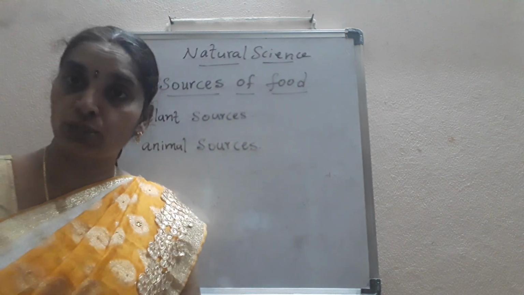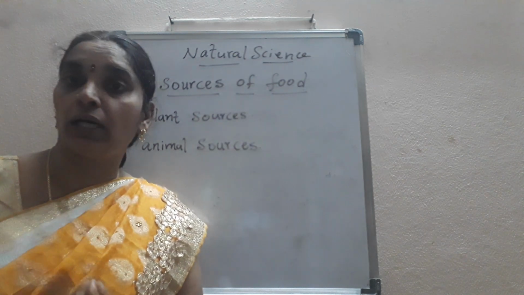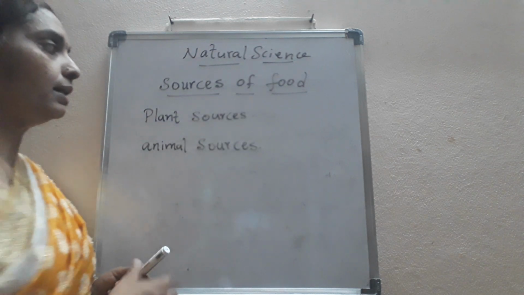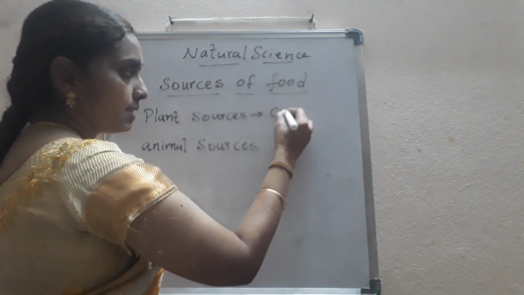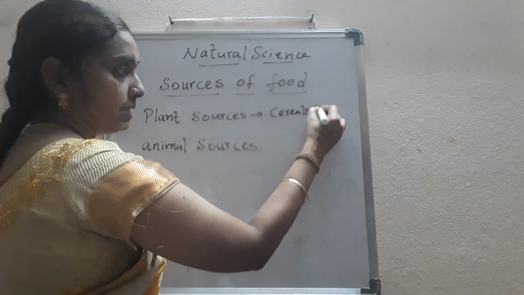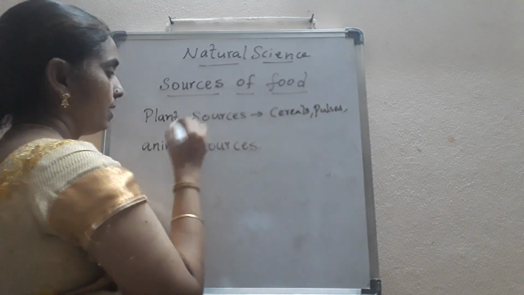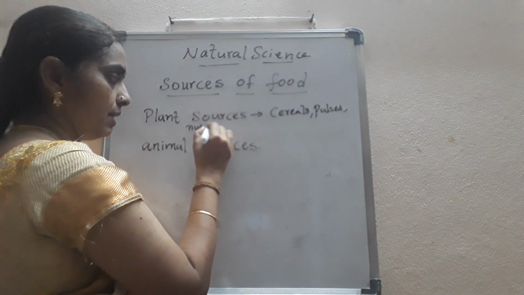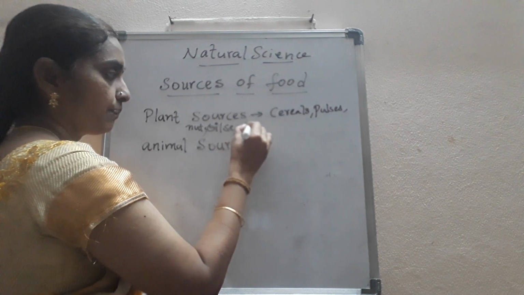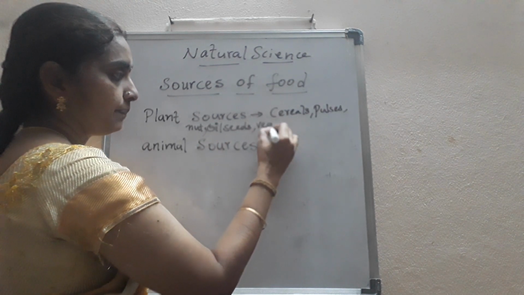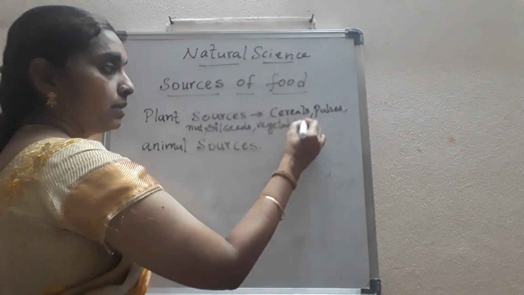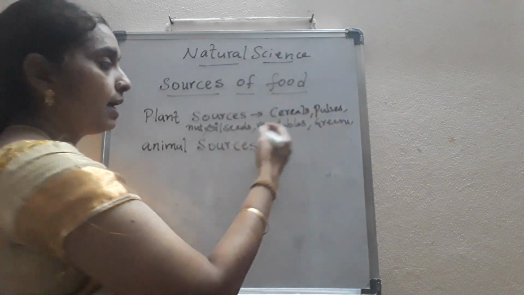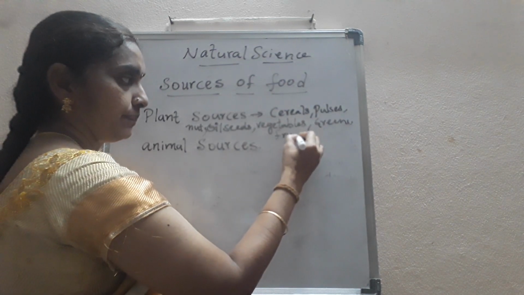So what are the plant sources that we include in our diet every day? We'll see now. So the plant sources are mainly cereals, pulses, nuts and oil seeds, vegetables, green leafy vegetables, that is called greens, and next fruits.